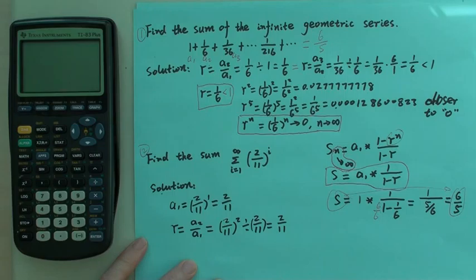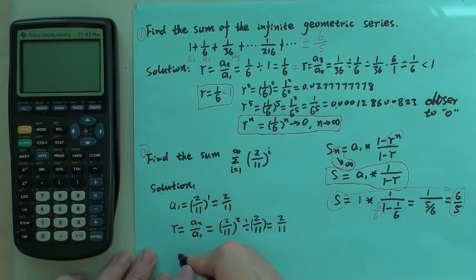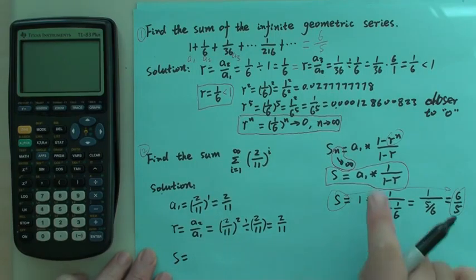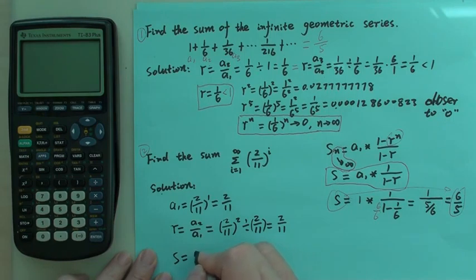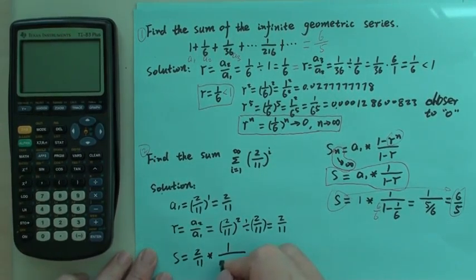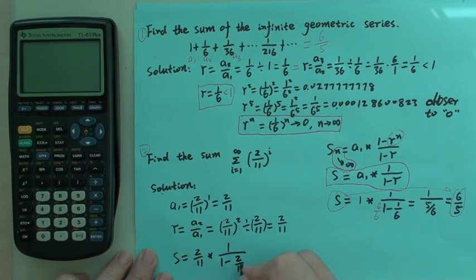So then you are ready to use this formula. What is S? S equals A1, which is 2 over 11, times 1 over 1 minus the ratio 2 over 11.